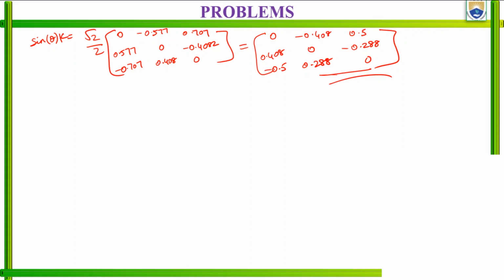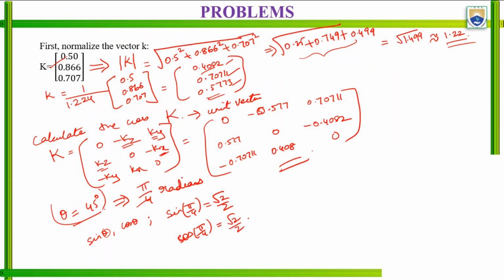Right, when we calculate the same matrix with respect to cos theta, what will we be getting? Cos theta of k is again root 2 by 2 into the same k. What is the k value here? We have 0, minus 0.577, 0.707, and so on.